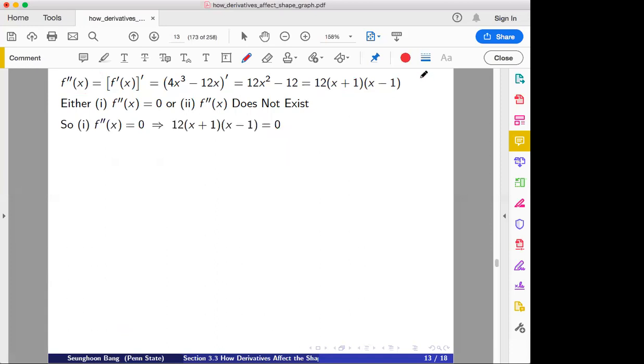So this one equal to 0 or this one equal to 0. You're right. Yes, thank you. This x is minus 1 and 1. So we have 2 numbers. The second derivative does not exist? Impossible. This second derivative is always well defined. We don't have it.